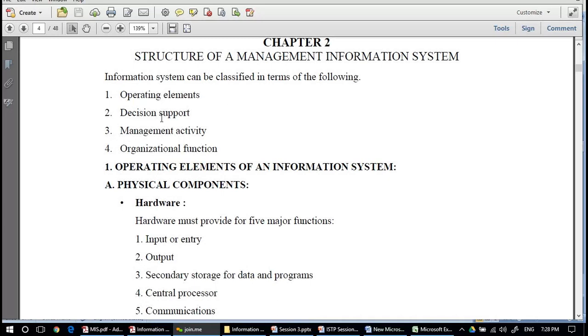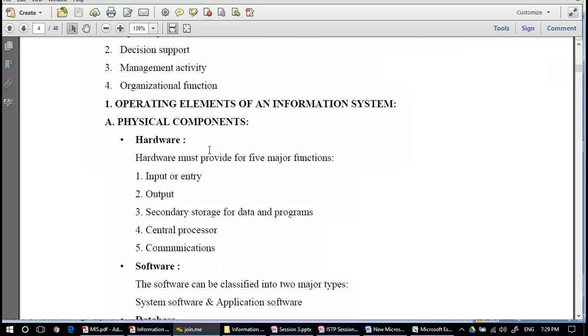The structure of the management information system is distinguished regarding the decision support system, regarding the management activity, and regarding the organizational functions. So let us have a look.